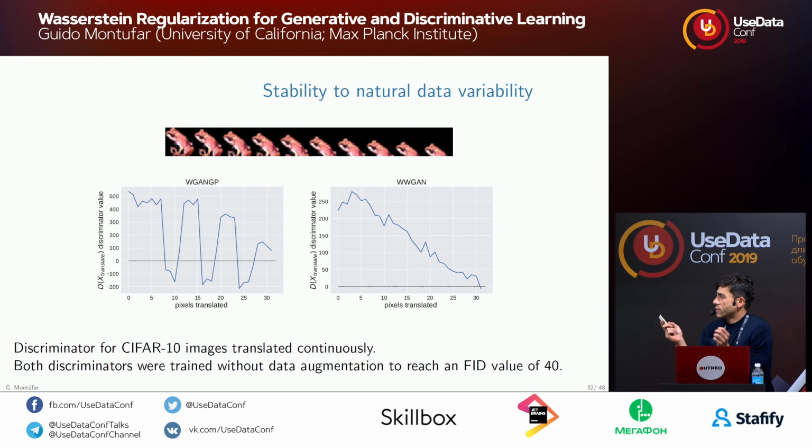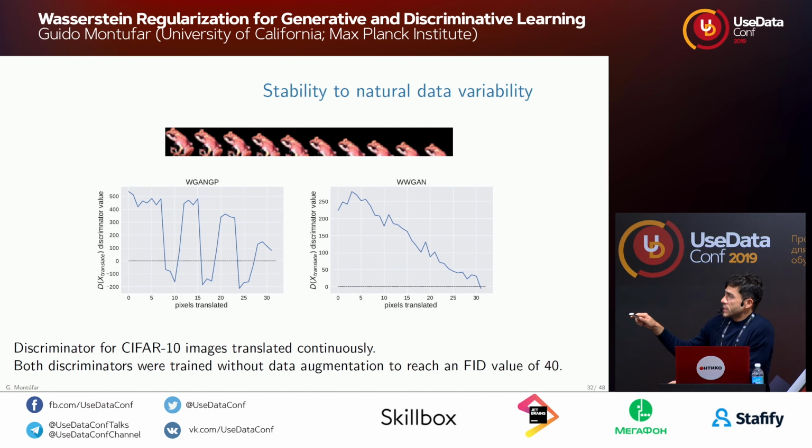So this is a plot of the prediction of the discriminator on a sequence of translated images. So this is an image of a frog, and as we shift it a little bit, you would expect that the discriminator will either consider it to be a real image or a fake image, but it's not going to be changing its prediction about that. So in the left part, you see what regular models will do.